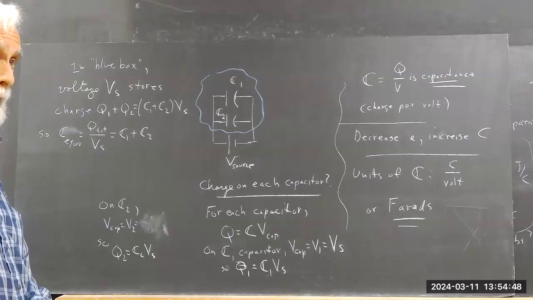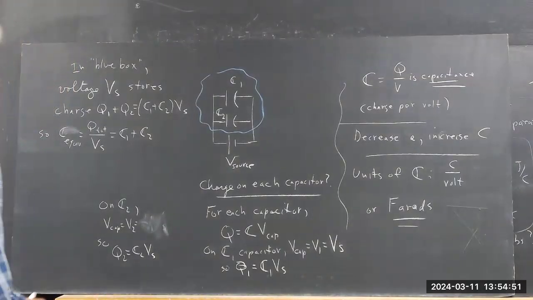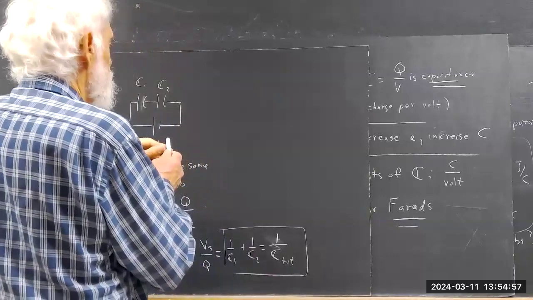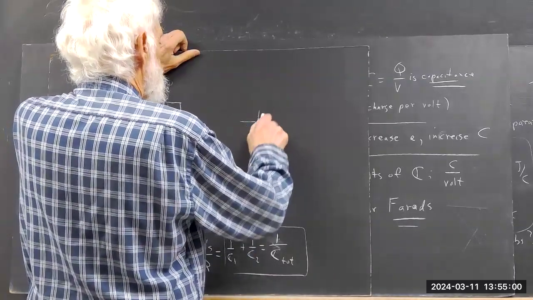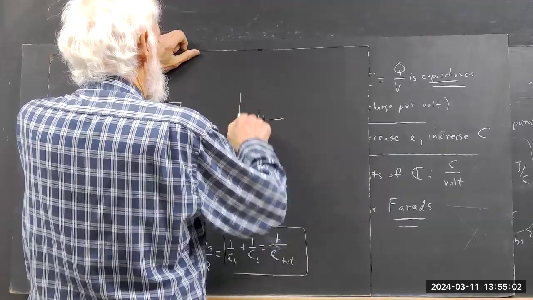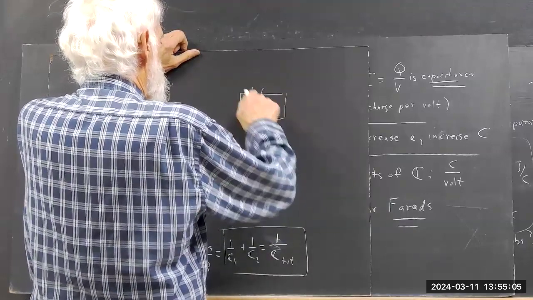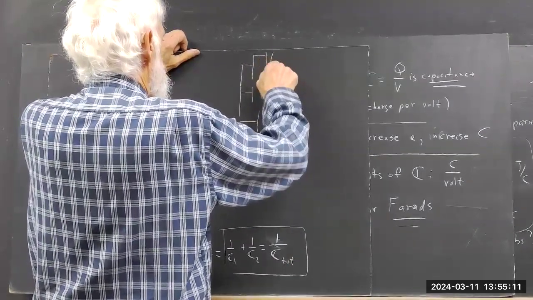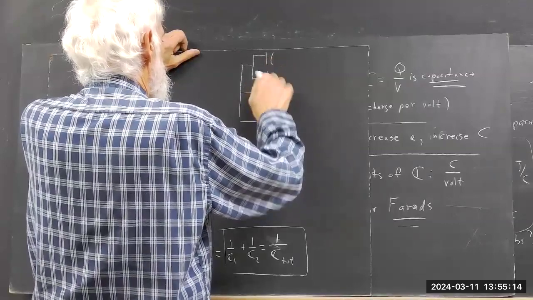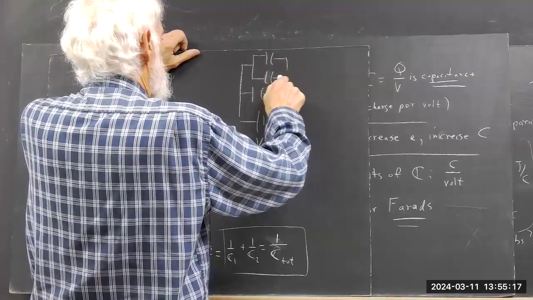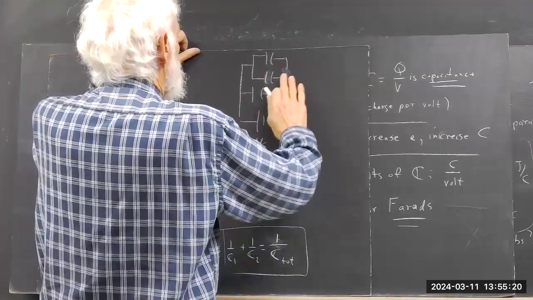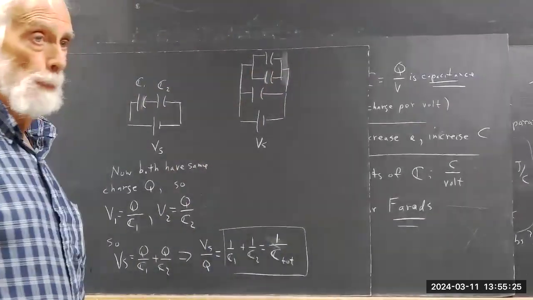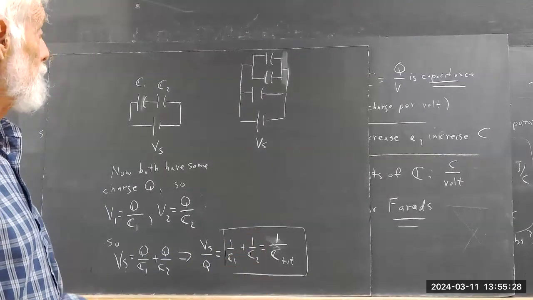Okay. Now, just a quick word of wisdom because we're out of time. If you have something that looks a little more complicated, like a source voltage, a capacitor here, and up here a parallel combination of two capacitors, then what can you say?